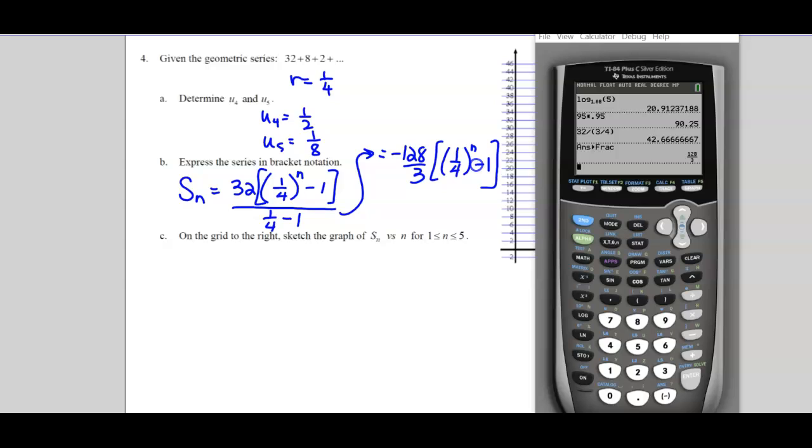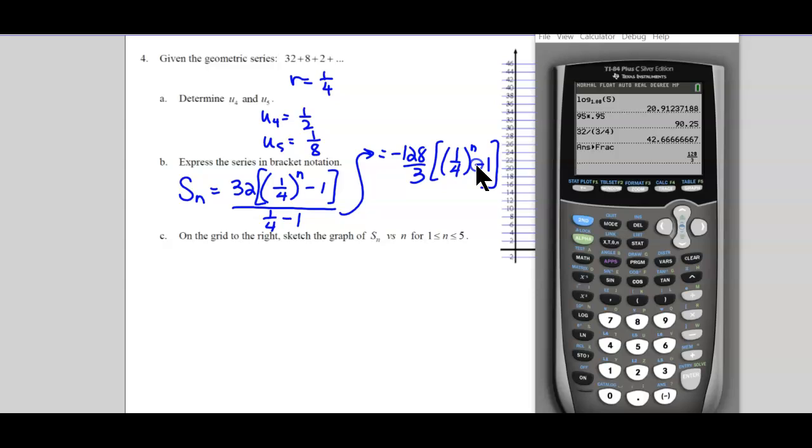Exactly. Because this R value is less than 1, any R raised to any exponent is going to be less than 1. So when you subtract 1 from that, you're going to get a negative 2. So a negative times a negative is a positive. Okay, so that's how you know that it's not wrong to have a negative up front, because this will never be positive.